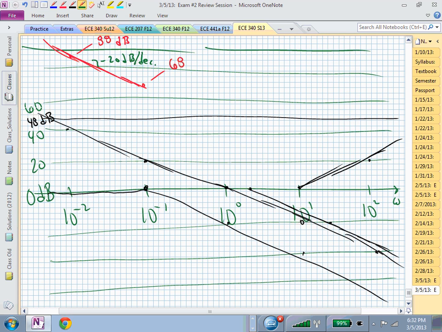So if nothing else happened in this decade between 0.1 and 1, I would be 40 dB down from 68. So I should be at 28 dB by the time I hit this. So I'm going to say I'm right there, 28 dB. And this should be sloping faster.